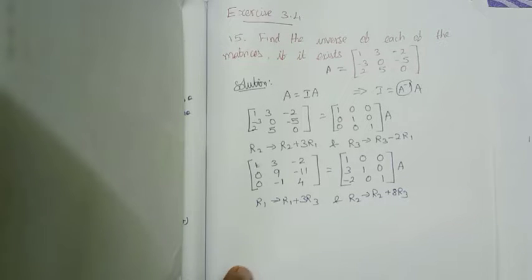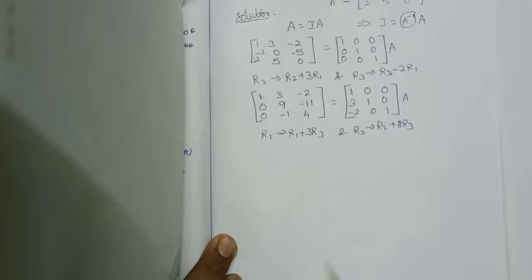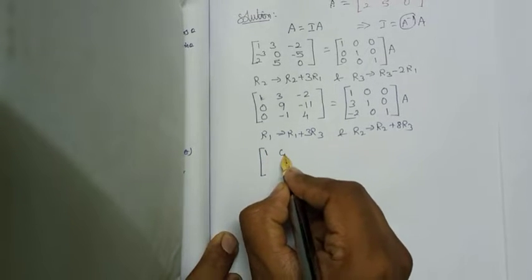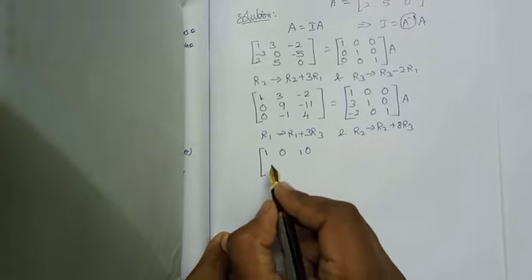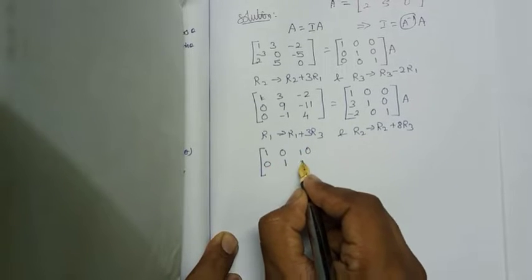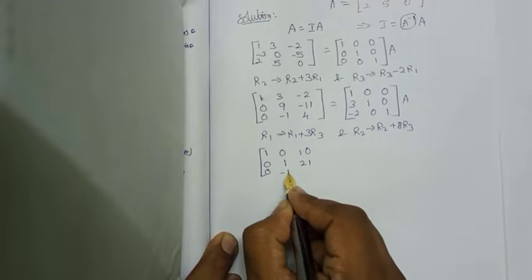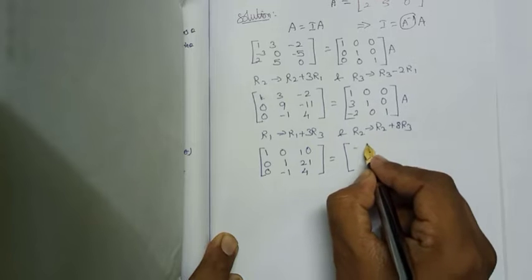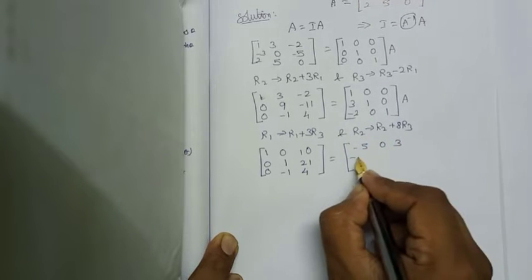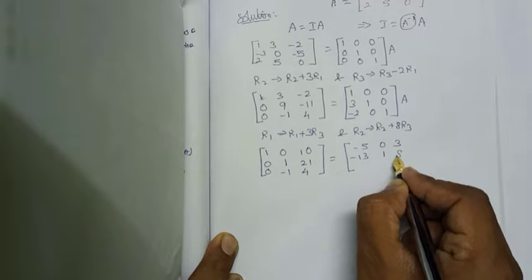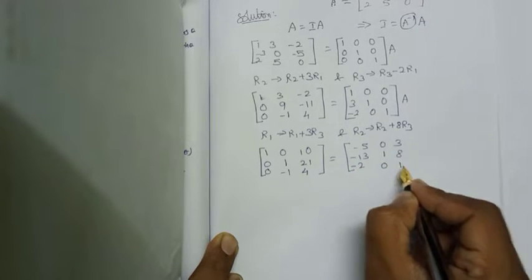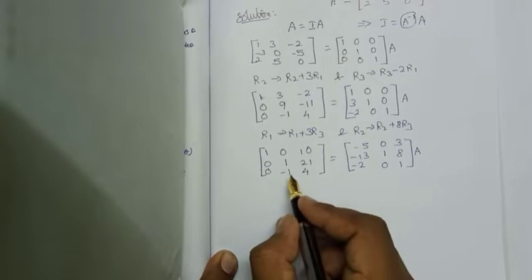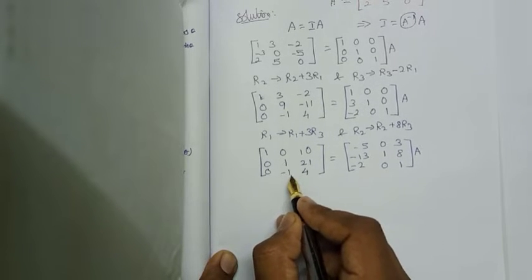Now proceeding, we get 1, 0, 10. Next 0, 1, 21, 0, minus 1, 4, which is equal to minus 5, 0, 3, minus 13, 1, 8, minus 2, 0, 1 into A. Next we see this entry is minus 1, we convert it to 0.